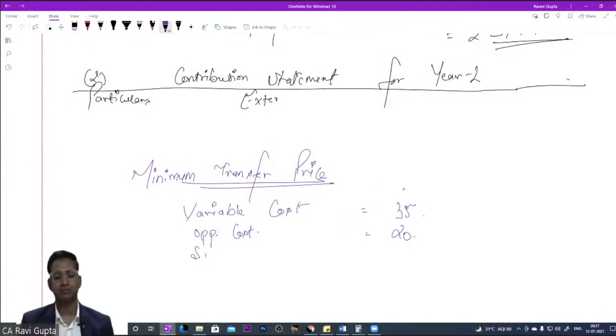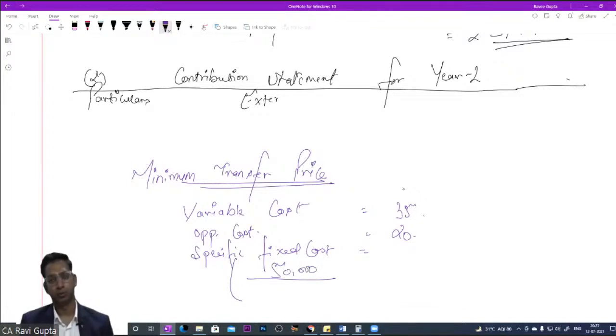And yes, there is a specific fixed cost. What is that specific fixed cost? We have incurred 50,000 rupees, for how many units?